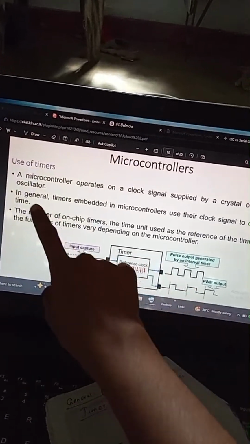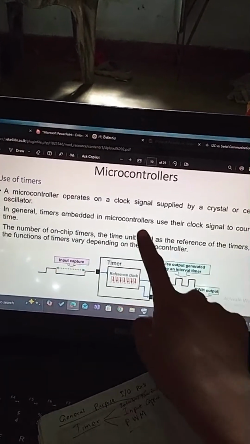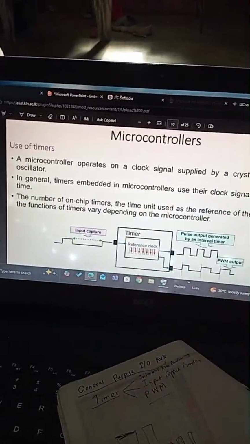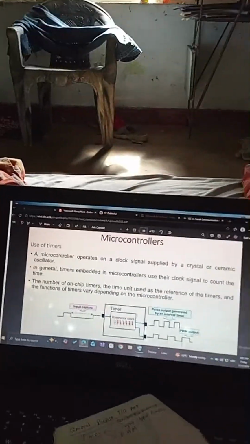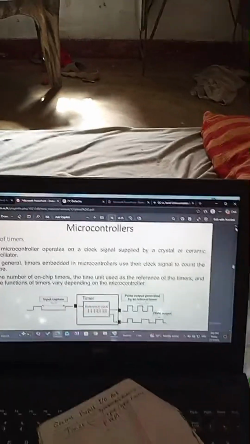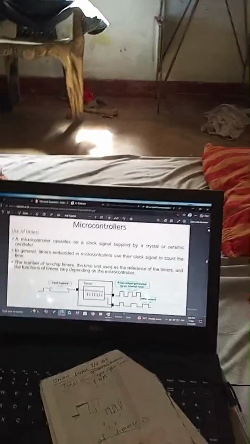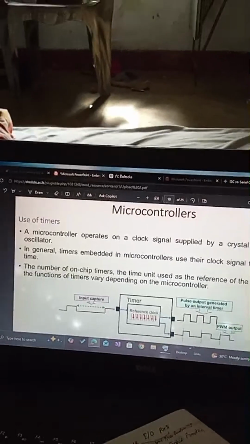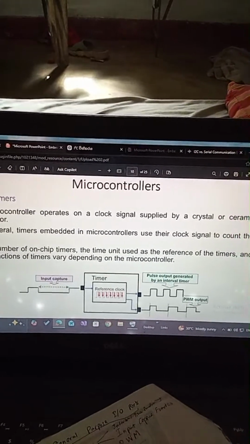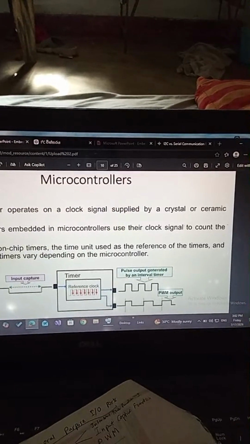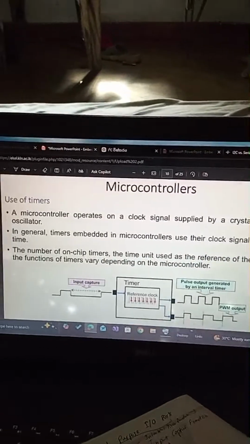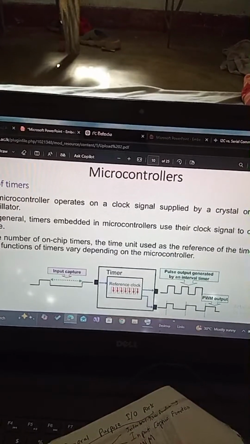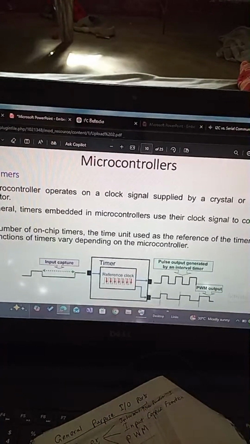In general, timers embedded in microcontrollers use their clock signal to count time. It is obvious, normally timers are used to count time, right? And then: the number of on-chip timers, the time unit used as the reference of the timers, and the function of timers vary depending on the microcontroller.